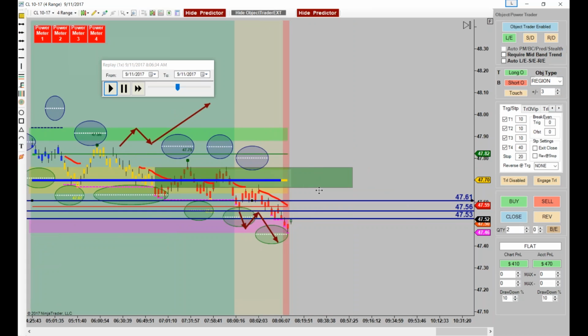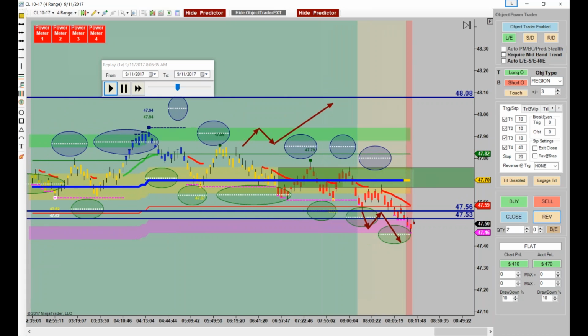I'll get rid of this one because it's not as important now. Could we take a chance on that right there? That's hitting at resistance on what we call our micro resistance. Wouldn't we put our stop just above the swing? See how that works?